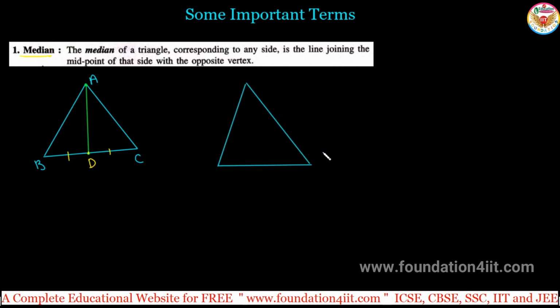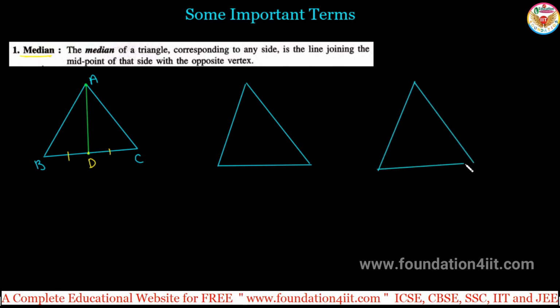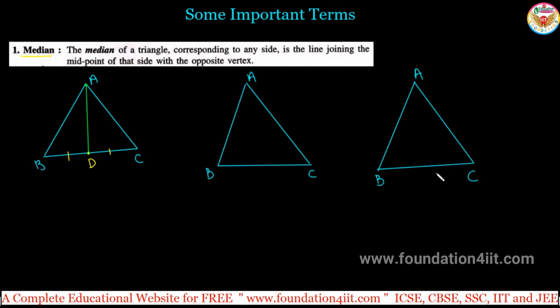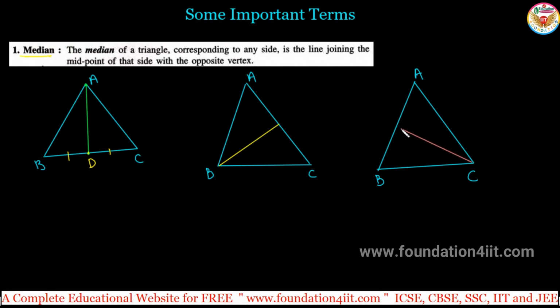Let's take the same triangle ABC. In this first example, AD is the median. Total three medians we can make. And from B to the midpoint of the opposite side, right? Again from C, the midpoint of the opposite side. These two are equal, these two are the same.